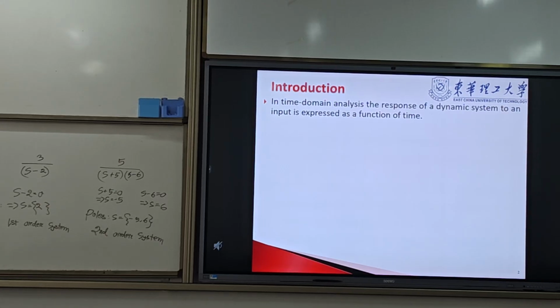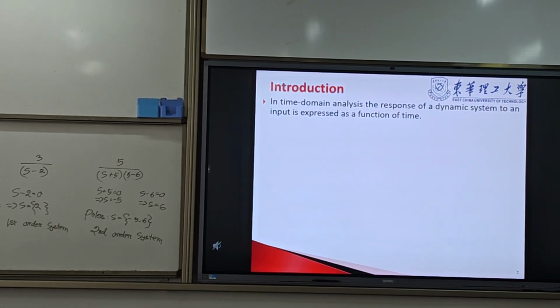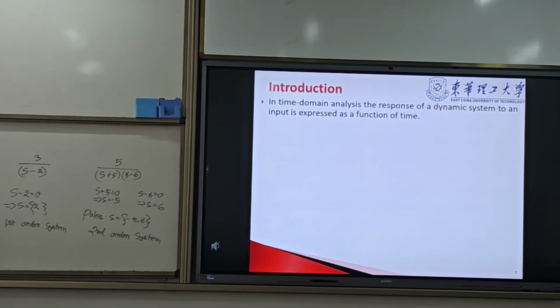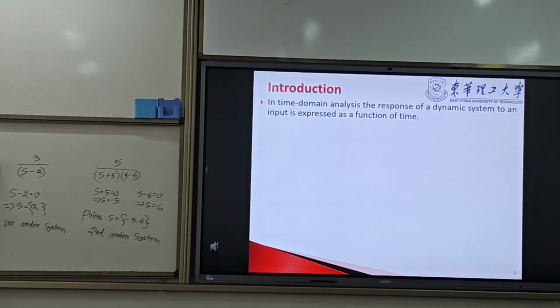This input is sent through a system, the control system. Then there will be an output y(t).